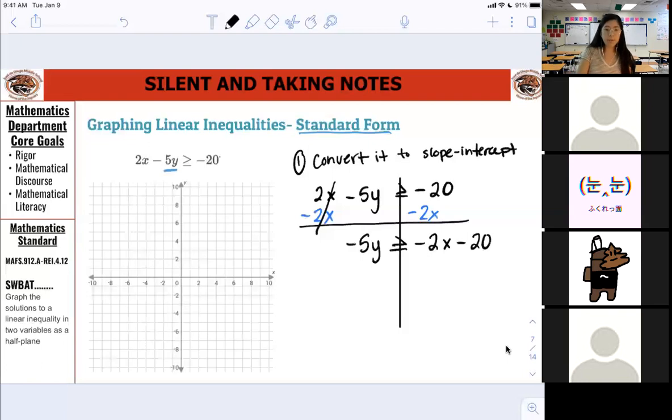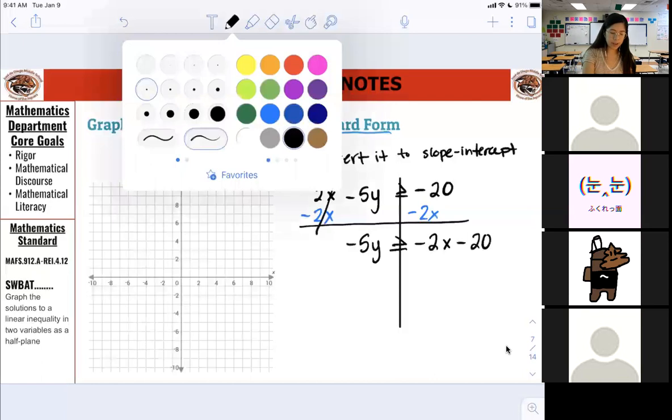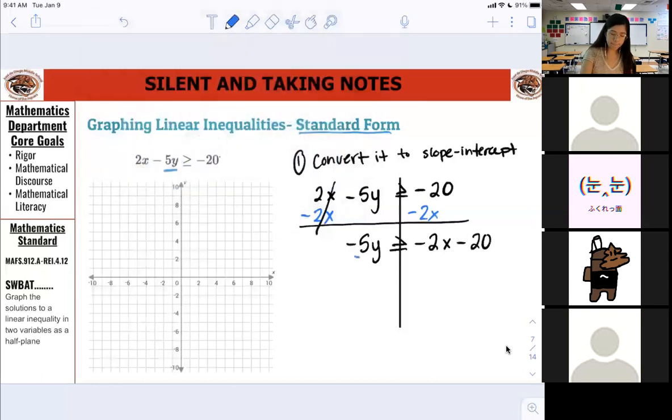Now it's almost there, but the y is still not by itself. What needs to happen next? Divide. Good. And what am I dividing by? Negative 5. Does that ring a bell to anybody about something I might need to do? You need to switch the greater than or equal to a less than or equal to.